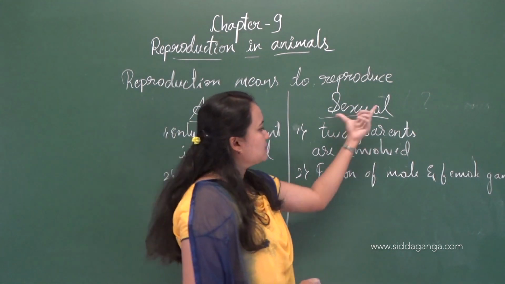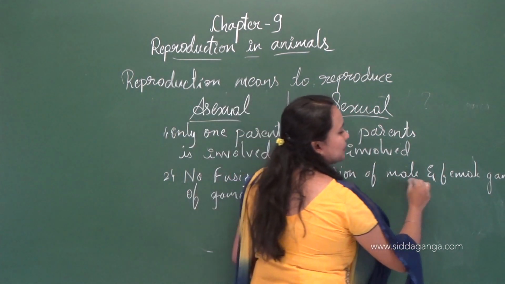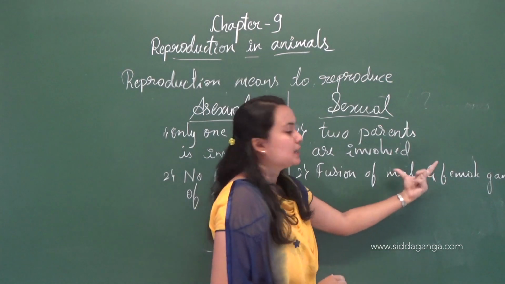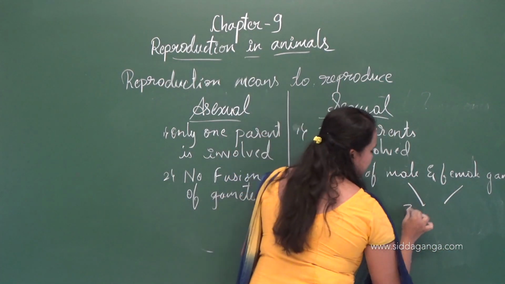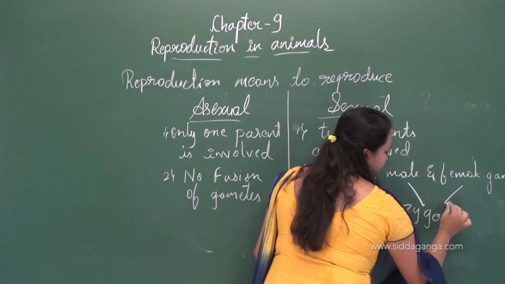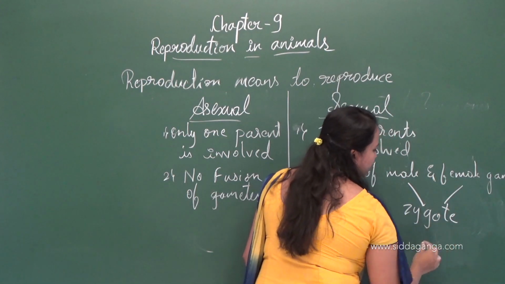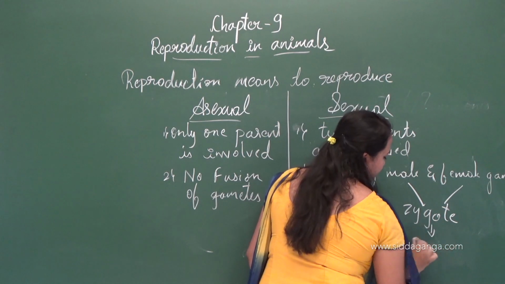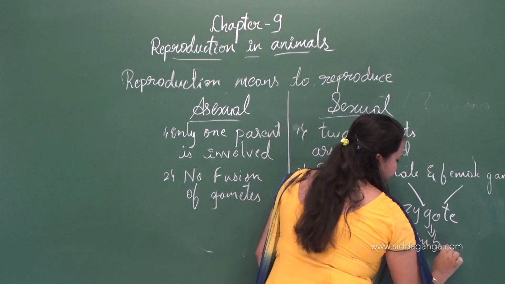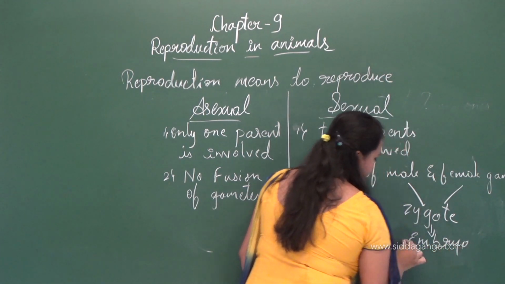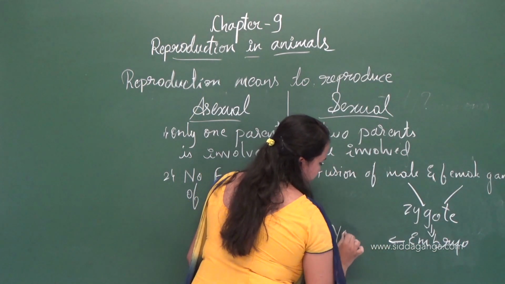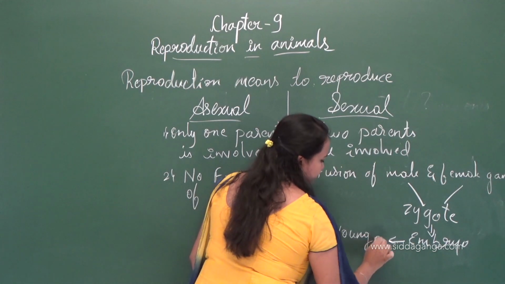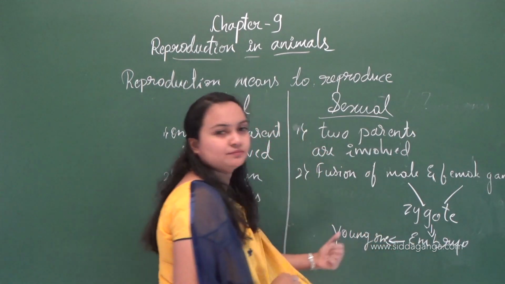So here what happens in sexual reproduction, the male and female gametes will fuse to form a zygote, and this zygote will further lead to the embryo, and the embryo to the new individual, or the young one.